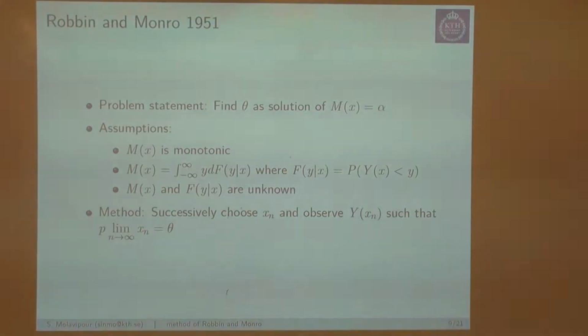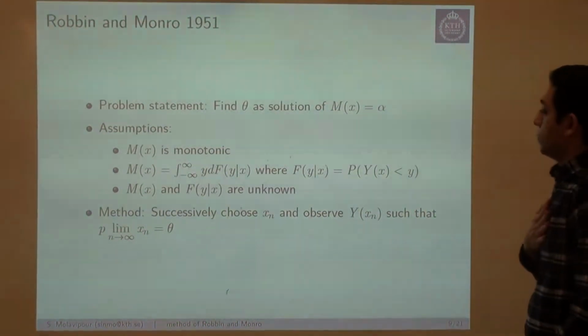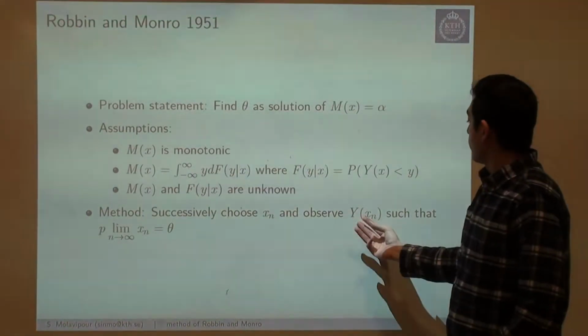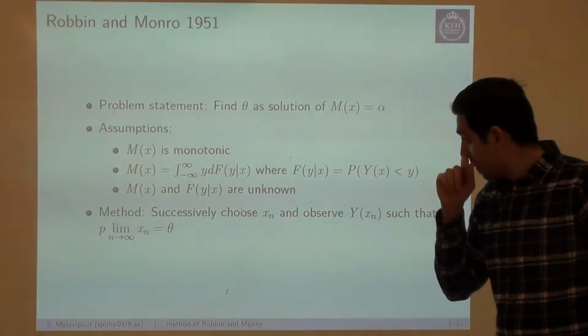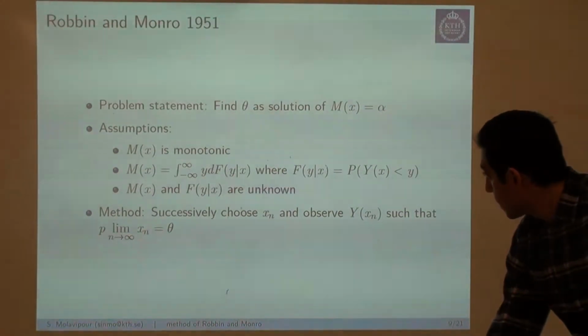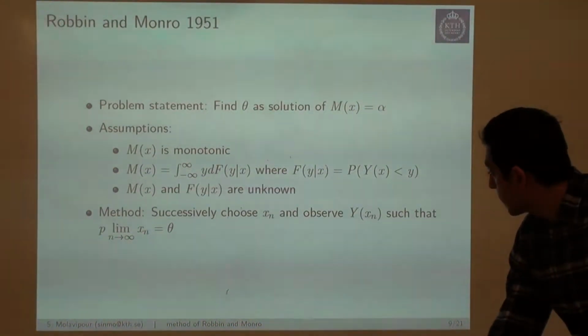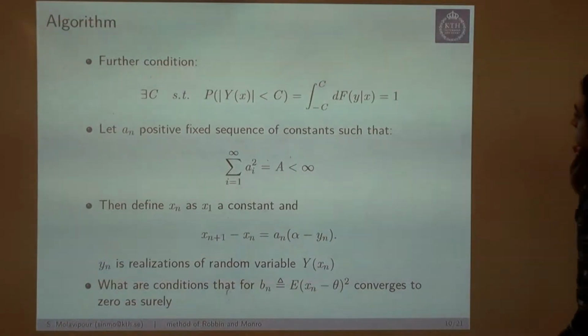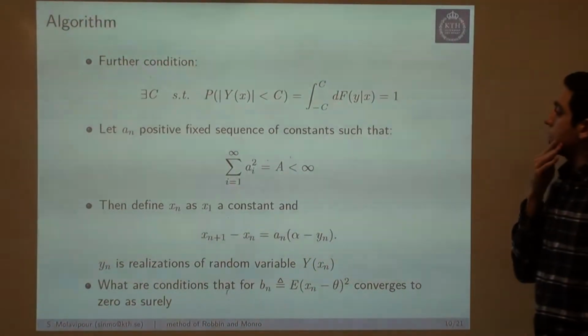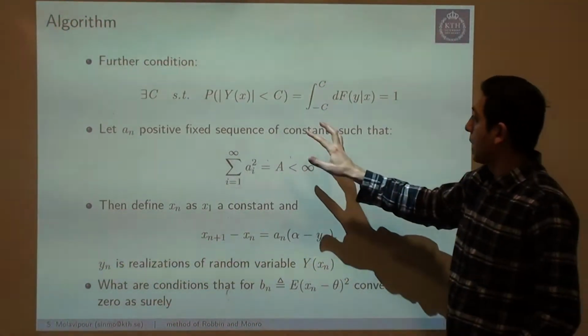And in the end, what we are interested in is to choose some xn and observe this y, and then we want the xn to converge to the solution theta. So the first condition we need is that this y should be bounded somehow.